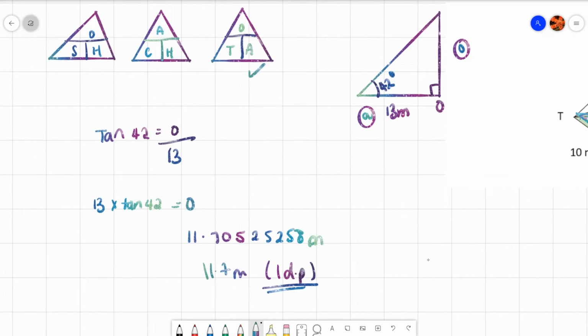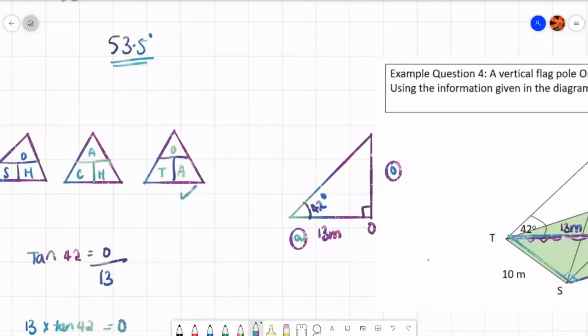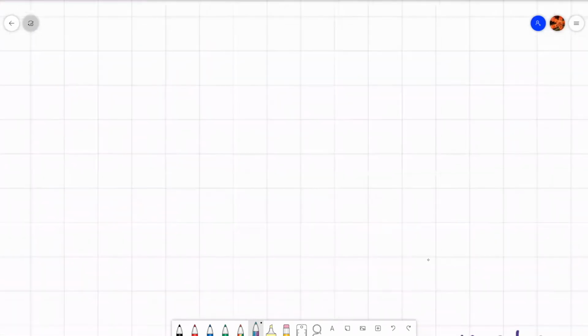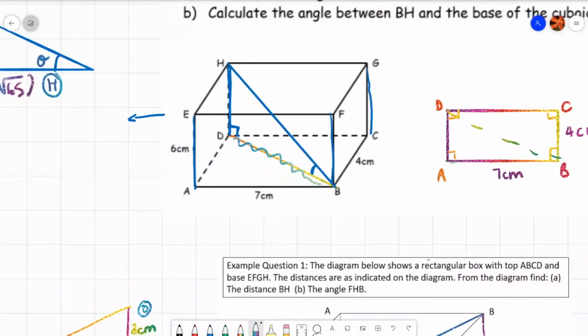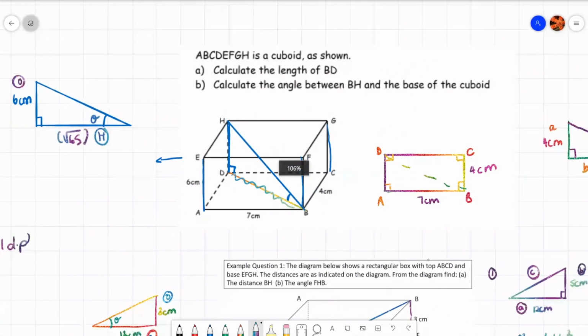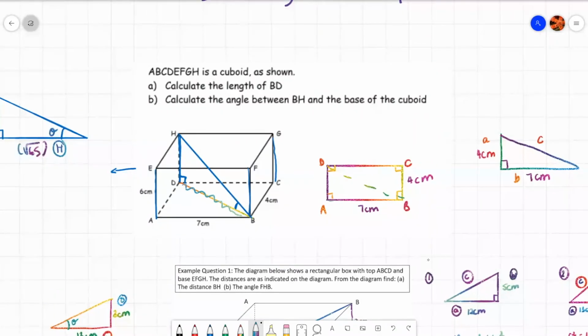So that was 3D trigonometry. The most common question is the questions that we did at the start, which are these cuboid questions. They come up in the exam quite a lot, where you have to use Pythagoras and then trigonometry at the end. And the last two questions I showed you were slightly different questions, were not cuboid questions. So again, that was still counted as a 3D trigonometry question.